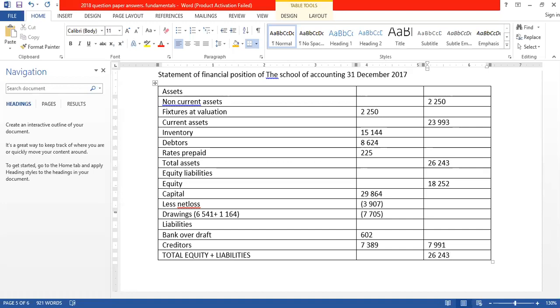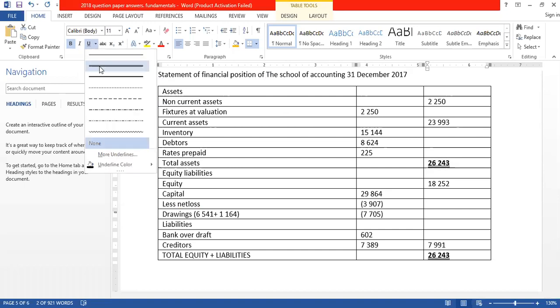Now comparing your total equity plus liabilities and your total assets, they are the same amounts. Therefore, our statement is correct because it has balanced. Your total assets are equal to your equity plus liability.